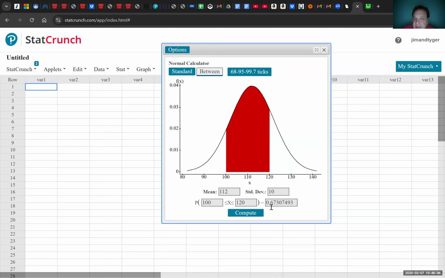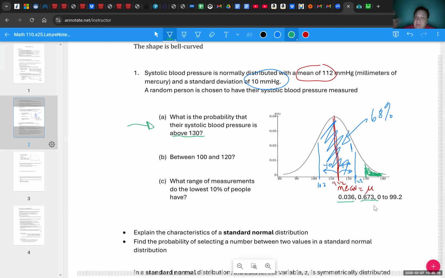That's 67.3% or 0.673 if you don't want to convert it to percent. That's the percentage that are between 100 and 120. I'll write these numbers down just visually, people can see them. 3.6%. This was 67.3%. But I do have the answers over here just to double check.